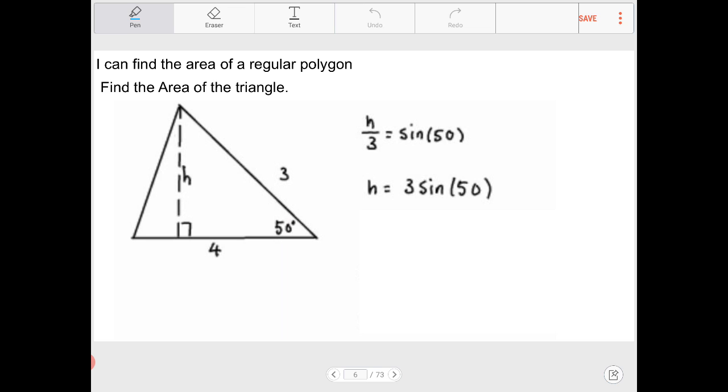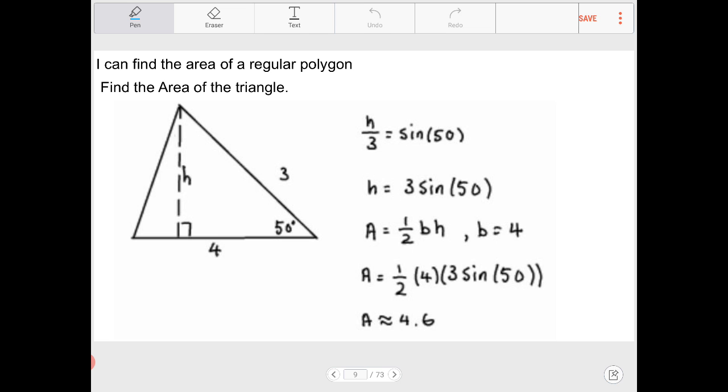Now that I know the value of h, and I know the base here is 4, I can get the area of the triangle, which is 1/2 times 4 times 3 sine 50. Punching that into the calculator, I get a decimal value of approximately 4.6.